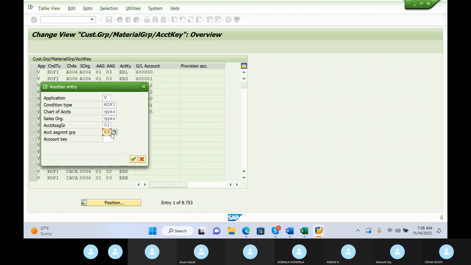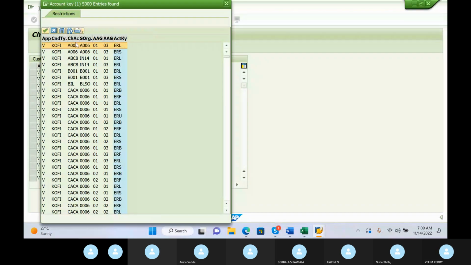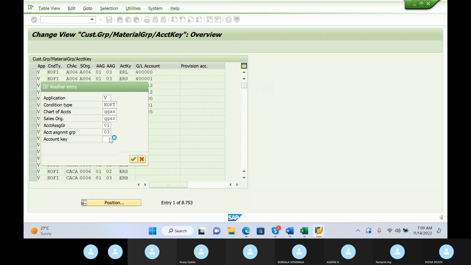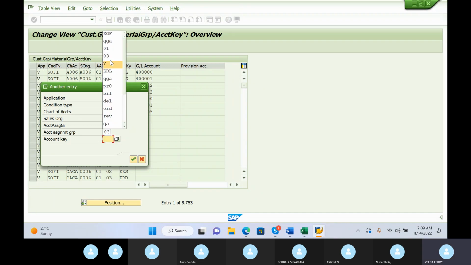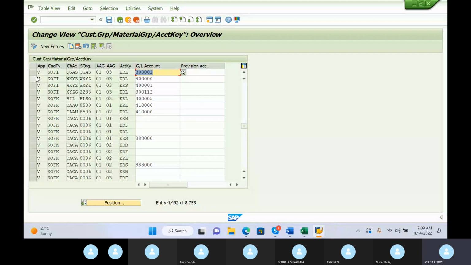And the account key is ERL. This is my chart of accounts with the combination of condition type, application, account assignment and account key.